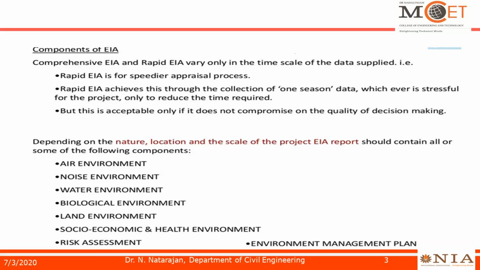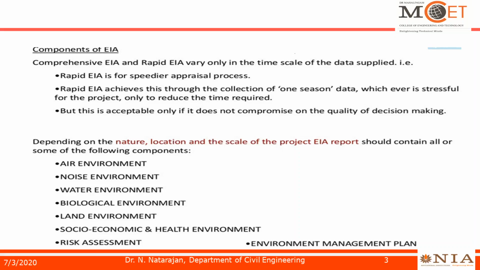So these are the two different types of EIA process. We'll be looking at this again in the coming units, maybe in the second or third unit, in a little more elaborate manner. So for now, that is the difference between the comprehensive EIA and the rapid EIA. Rapid EIA is done when some projects have to be done very quickly, and you may have to give a quick decision whether the green flag should be given for the project or not.